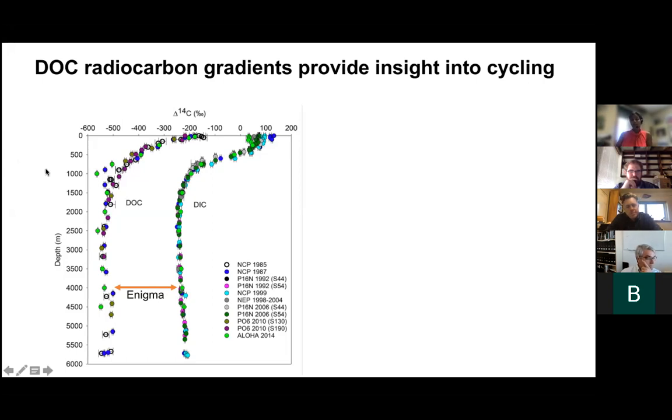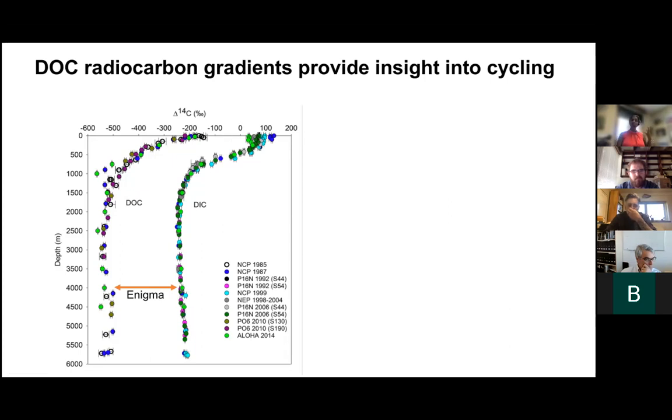At every depth in the ocean, dissolved organic carbon is more depleted, i.e. lower in its radiocarbon content, or older, than DIC. And you would expect that if primary production was the major source of DOC in the surface ocean, that dissolved organic carbon would have a signature similar to DIC in the surface ocean.